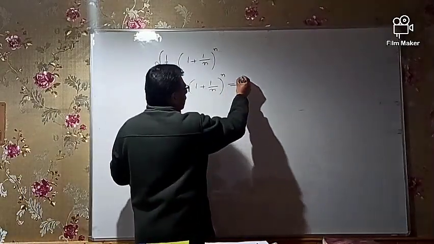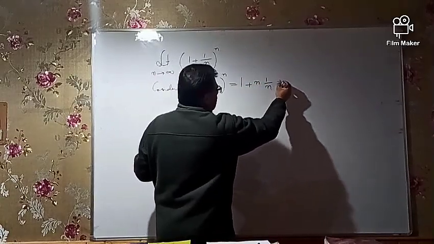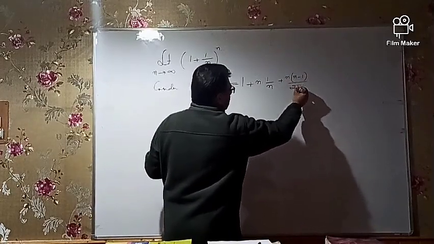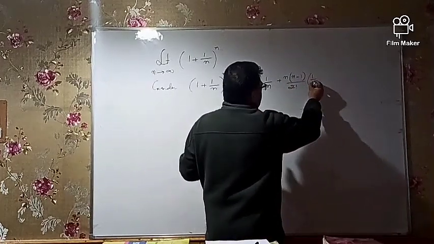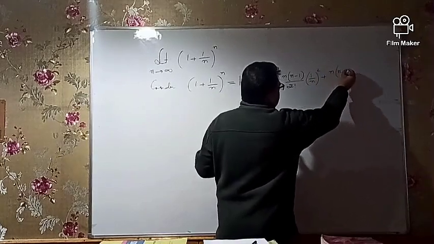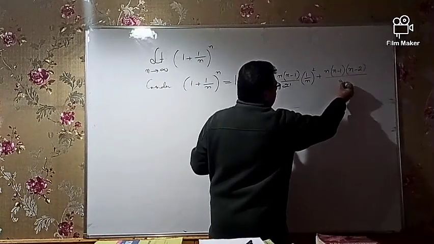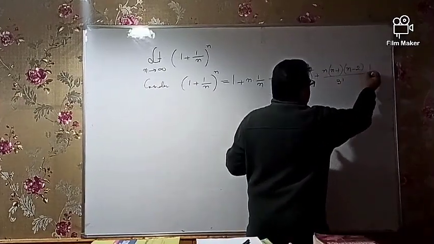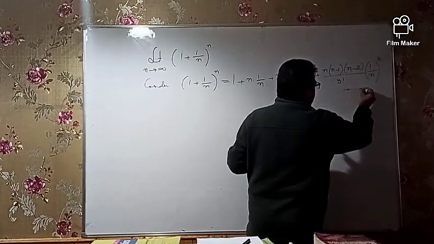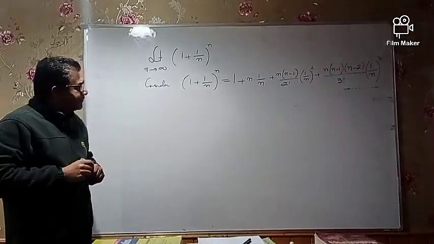So it is equal to 1 plus n into 1 by n, then plus n into n minus 1 divided by 2 factorial into 1 by n का whole square, then n into n minus 1 into n minus 2 divided by 3 factorial into 1 by n whole cube, and then it will go up to infinity. It will be so on because it is the binomial theorem for any index.